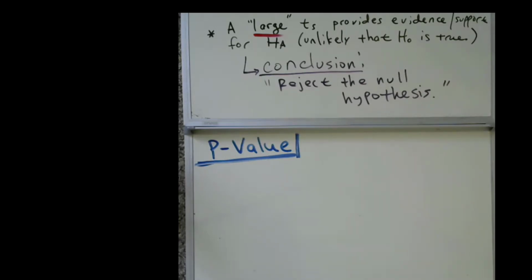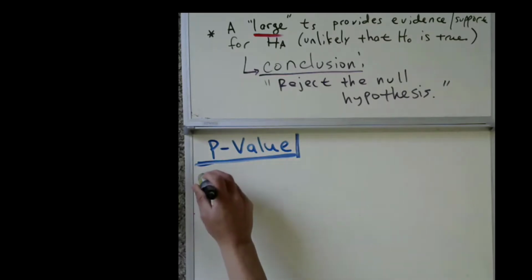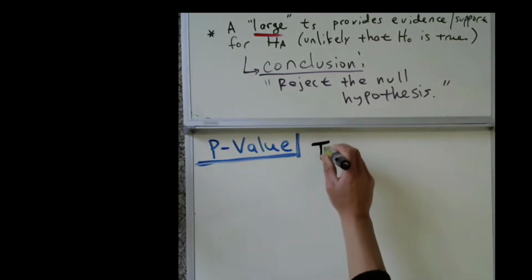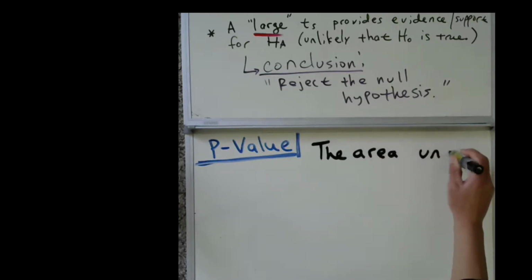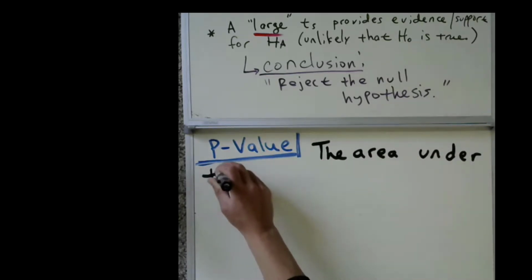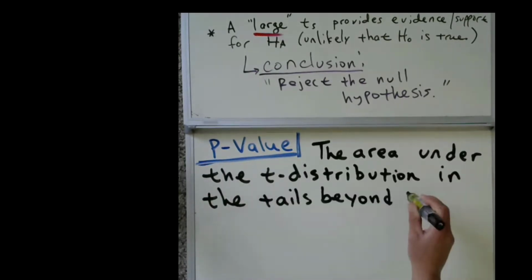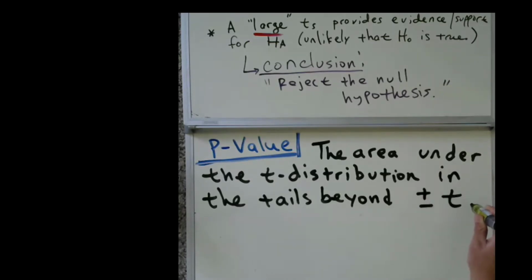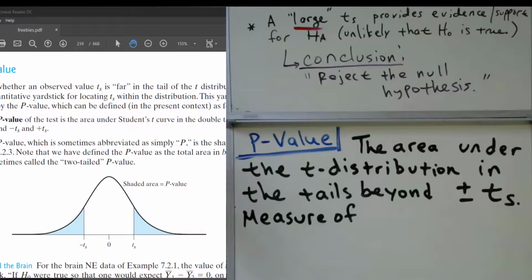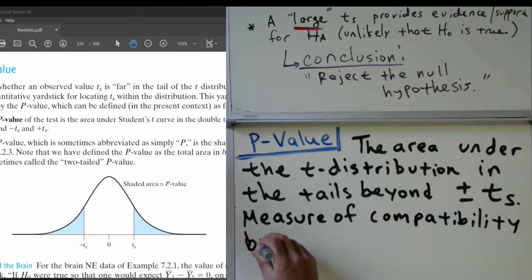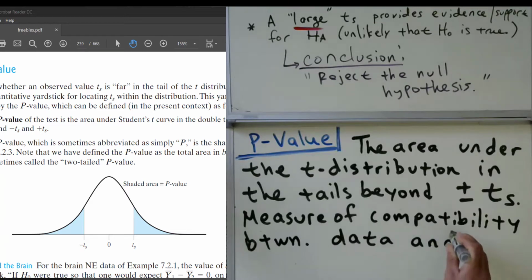Our brief definition for right now is going to be that this p-value is the area under the t distribution in the tails beyond the test statistic. I'm going to write plus or minus the test statistic. I also like to consider it as a measure of compatibility between the data and the null hypothesis.